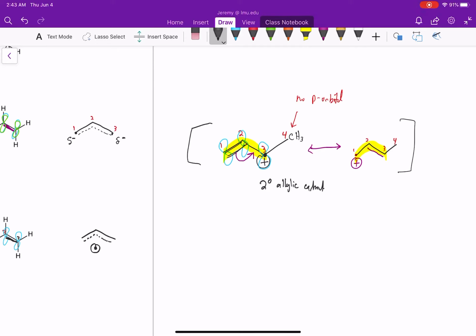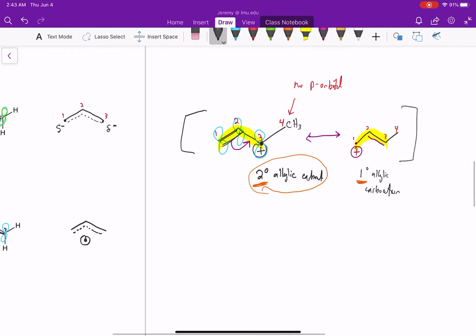The structure on the right is a primary allylic carbocation. So out of these two, they both exist, they're both present. Which one would be the more important contributor? That would be the structure on the left, right? Because it is a secondary allylic, while the one on the right is a primary allylic, all right?